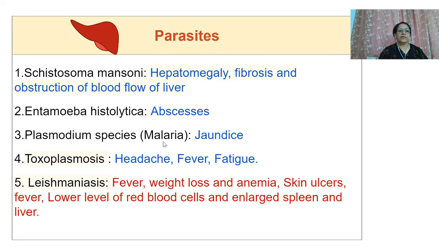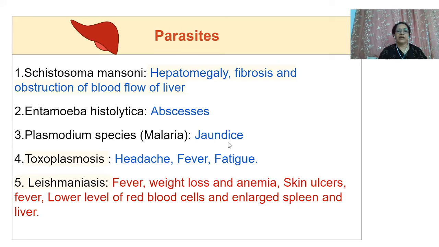Then the next important protozoal infection of the liver is by various species of Plasmodium. Plasmodium malariae, Plasmodium falciparum, Plasmodium ovale, various species of Plasmodia, when they infect a person, the name of the disease is malaria. Now, in the post-malarial stage, there is jaundice.